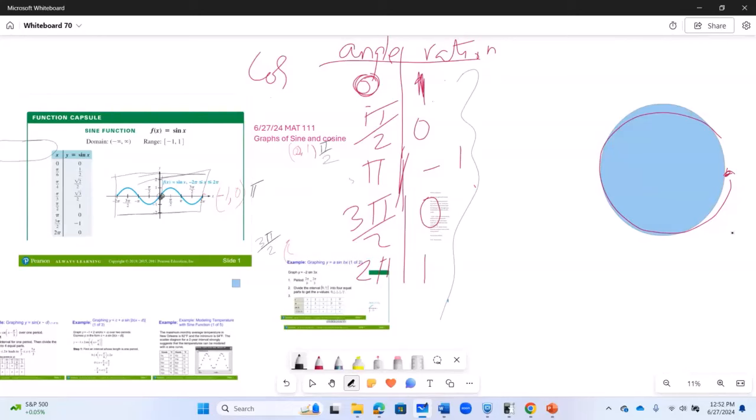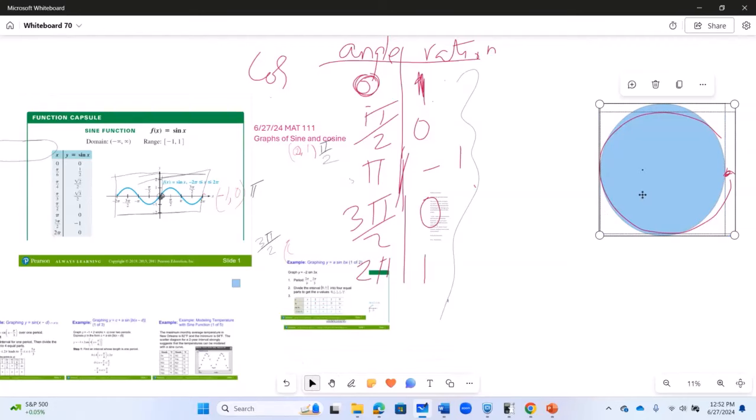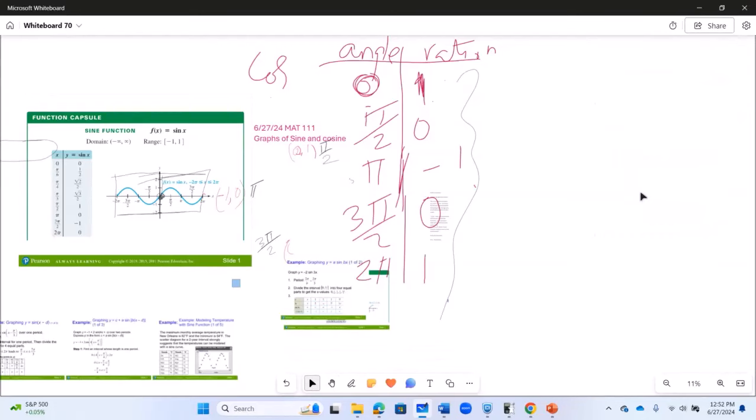Okay, so let me draw a sketch by hand. We did it by calculator before, but let's draw a sketch by hand. I'll take this out and make a sketch.